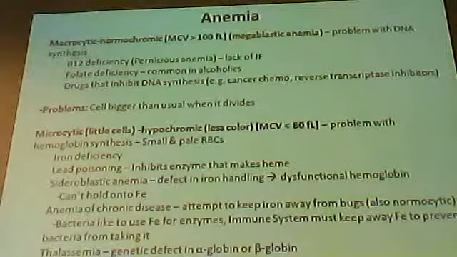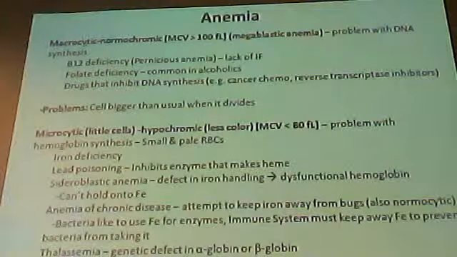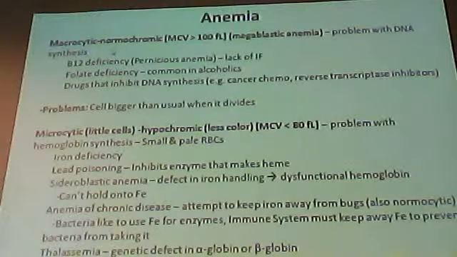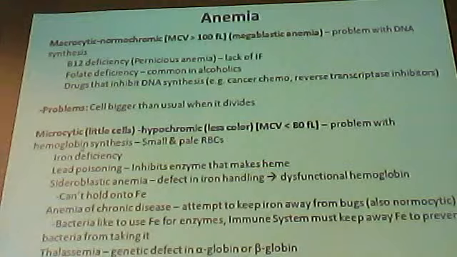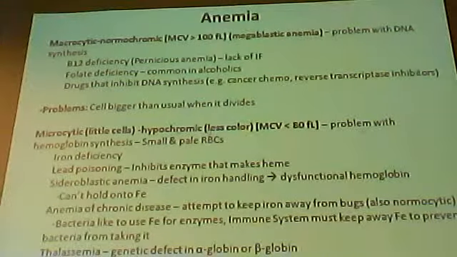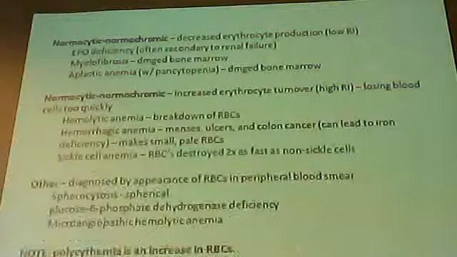So just to review, macrocytic, normochromic, that was your big red blood cells, normal color. But that's because of B12 deficiency, which is that pernicious anemia, or it's a folate deficiency, and they look very similar. Microcytic, hypochromic, that's iron deficiency, sideroblastic anemia, or chronic disease, or beta thalassemia, so it's small, pale red blood cells.